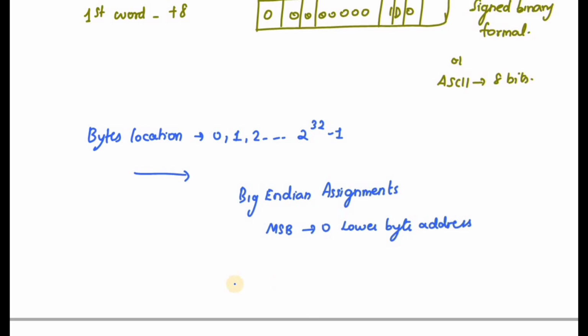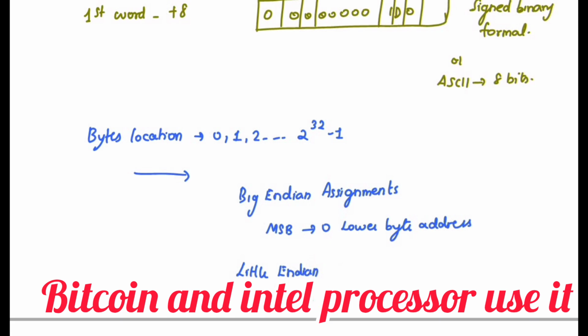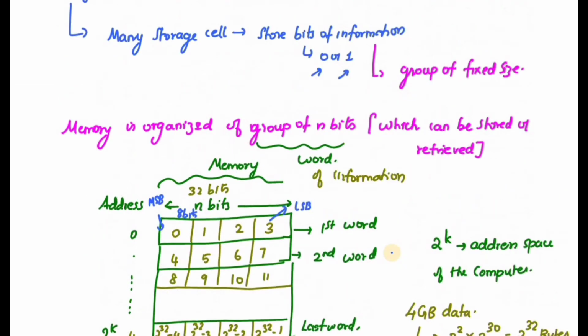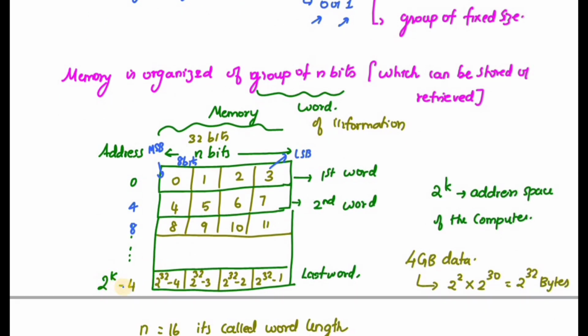Whereas for little endian, the LSB is assigned 0. It is the opposite of big endian. So if I assign 0, 1, 2, 3 to this one, then 4, 5, 6, 7, and this must be 8, and so on up to 2 power 32 minus 4. This is nothing but your big endian assignment.